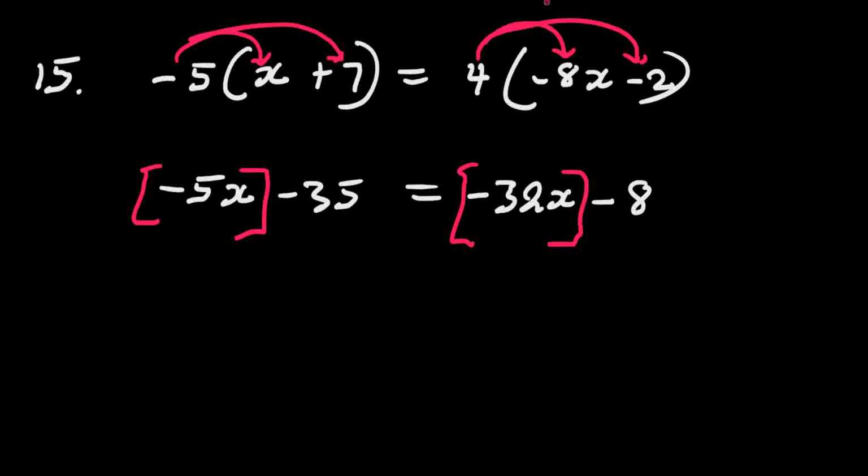So let's add 32x to both sides. This is negative 32x, so you add the opposite of that to both sides.